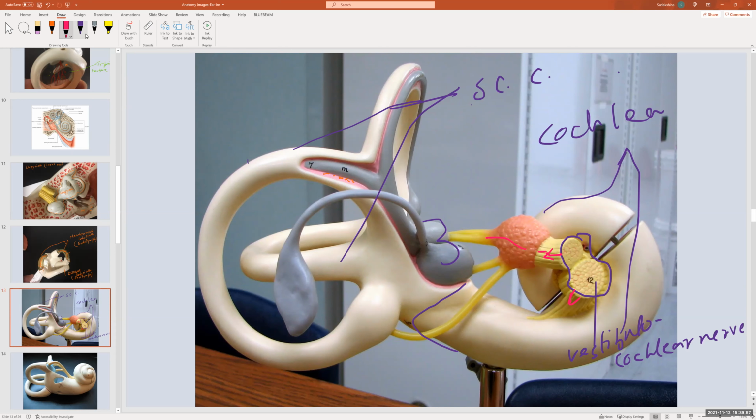One goes toward here to the canals and to the vestibule. So this branch is the vestibular branch. And this branch, which is clearly going straight into the cochlea, this would be the cochlear branch.